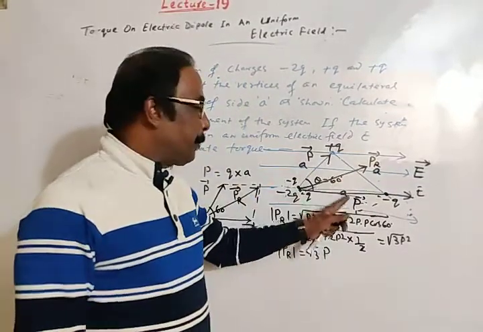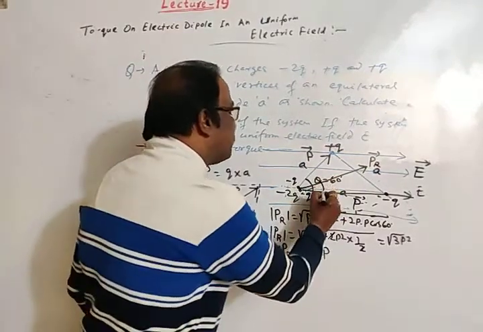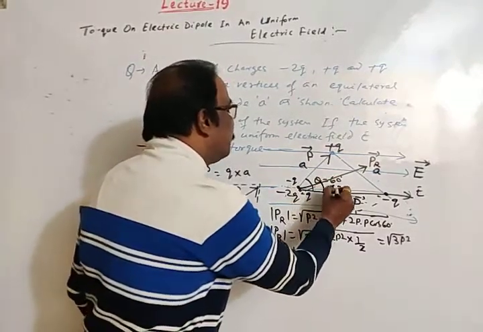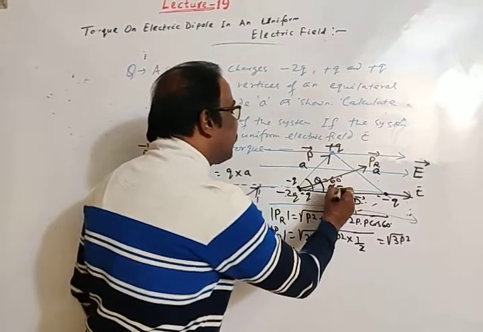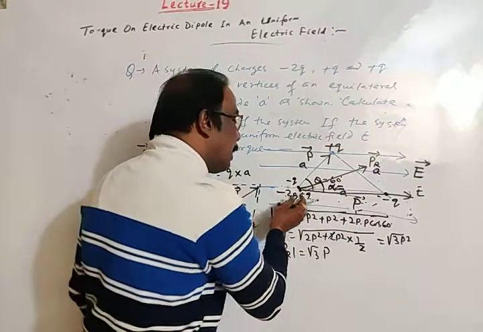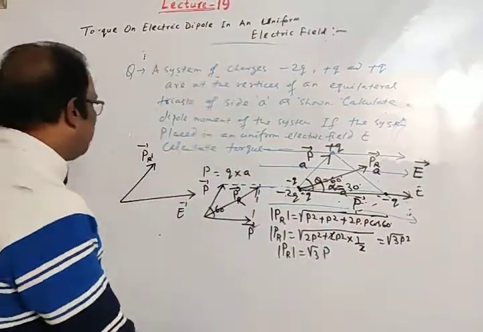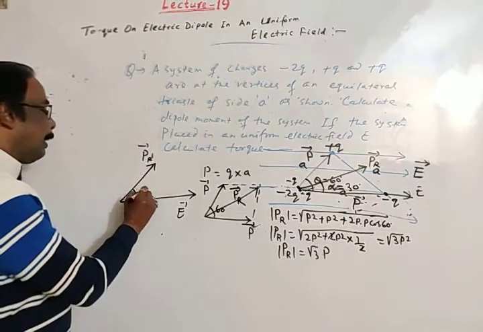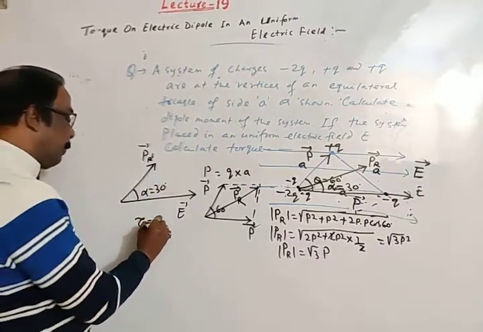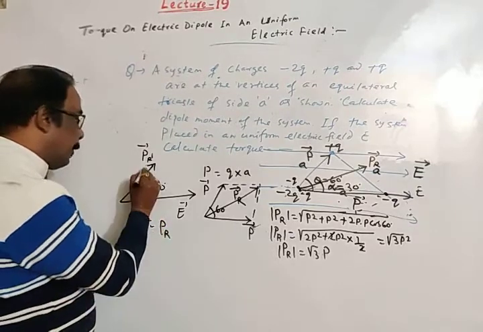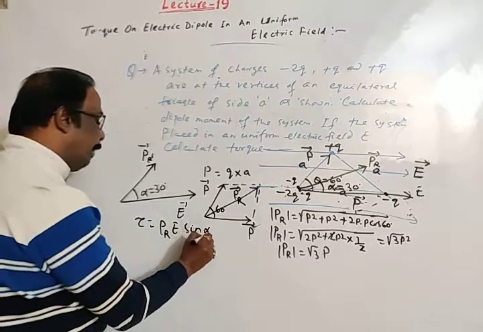If the magnitudes of two vectors are the same, then the resultant must bisect the angle between the vectors. So this is the direction of the resultant, shown by alpha, which means the resultant dipole moment makes an angle alpha, and alpha will be 30 degree. Torque due to the dipole is resultant dipole moment PR into E into sine alpha.